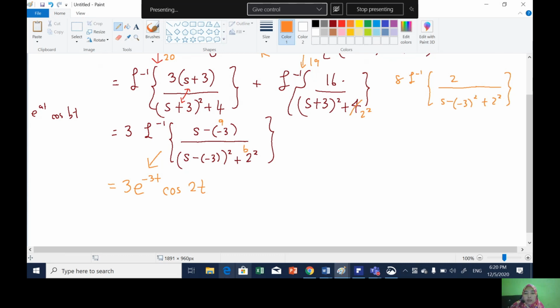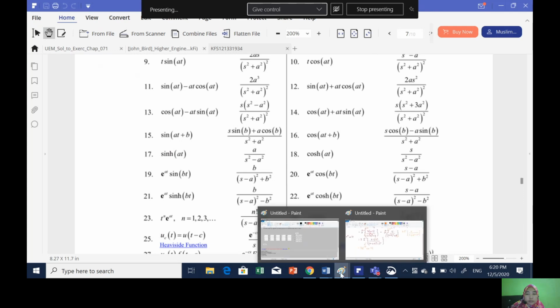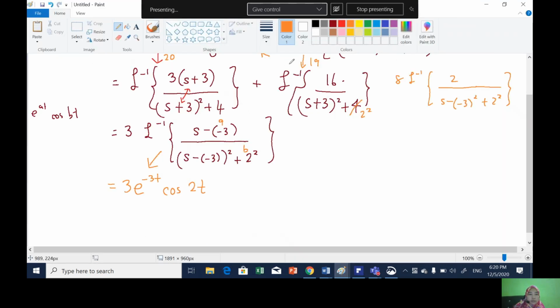Okay, so for the inverse, we refer to the Laplace table again. Number 19, e^(at) sin(bt). So I have it like this. I'm going to write it down like this. Plus 8, 2 over (s minus -3) squared plus 2 squared.